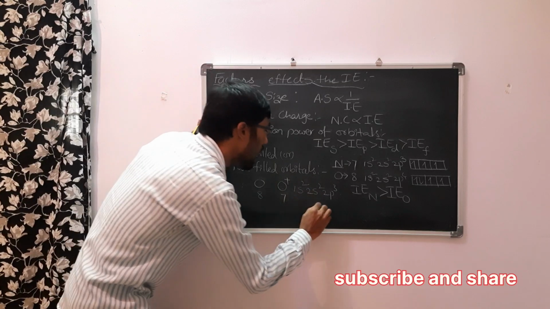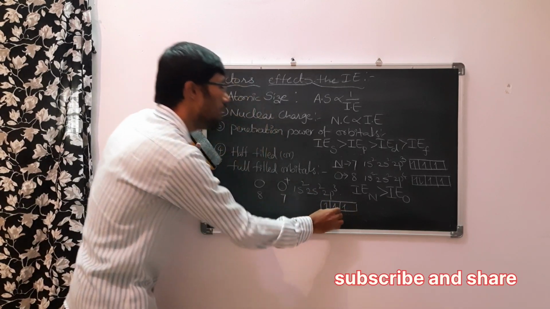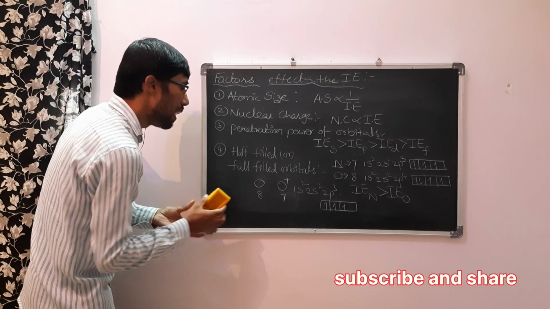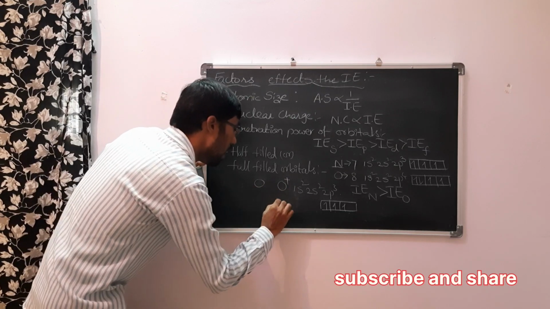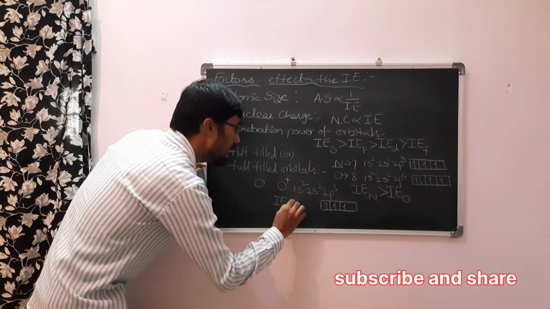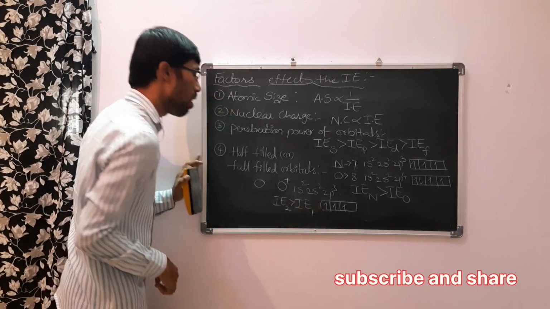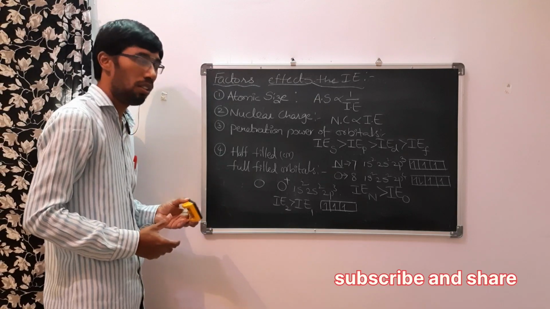So the O plus ion has a half-filled orbital as compared with the neutral atom. So the second ionization energy of oxygen is greater than the first ionization energy of the neutral oxygen atom. Is it clear?